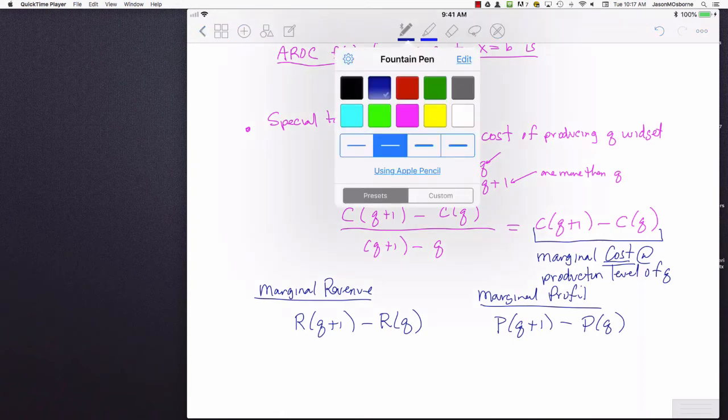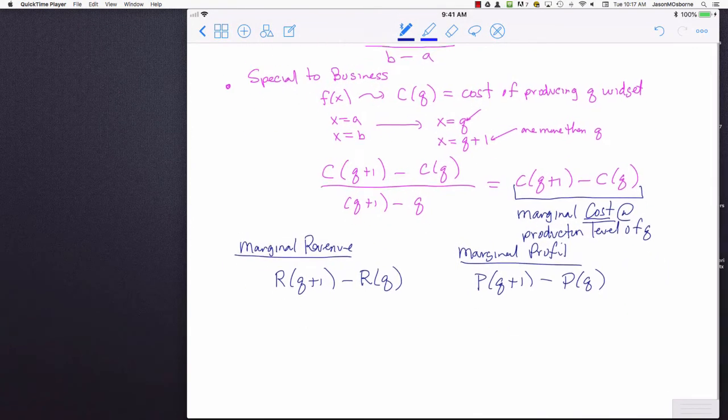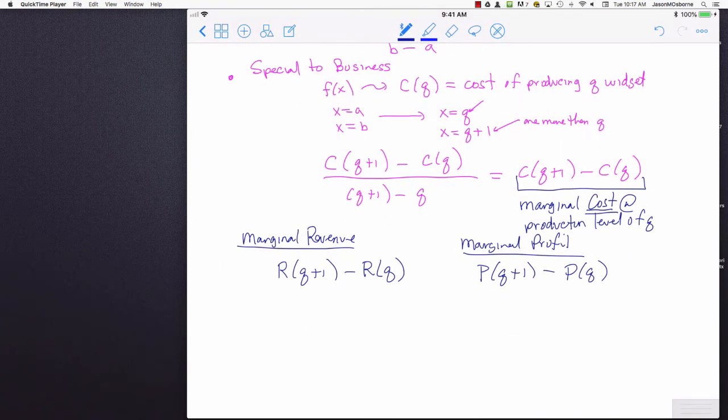Okay, so to illustrate, imagine that you're thinking about a profit function. Okay, so let's say that you have profit for selling Q items. Okay, and let's say that Q is equal to 5 items.